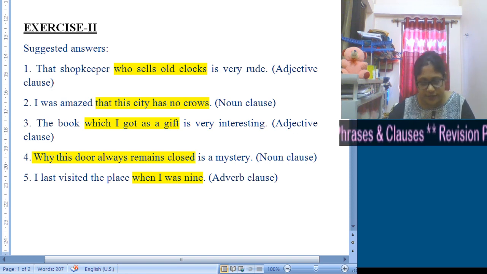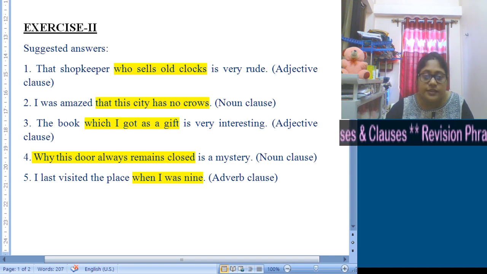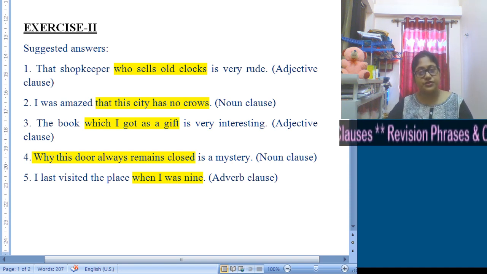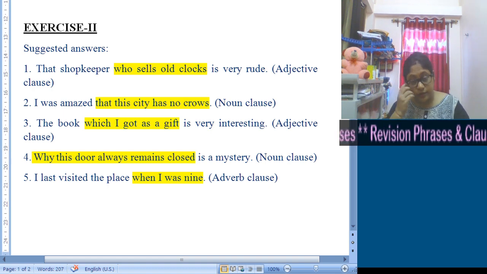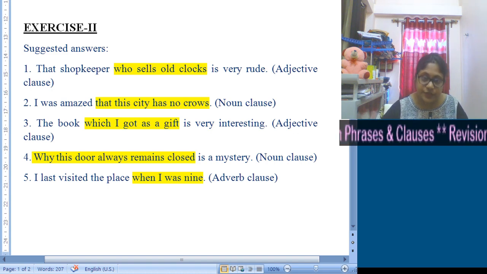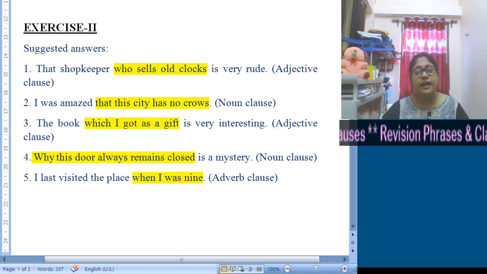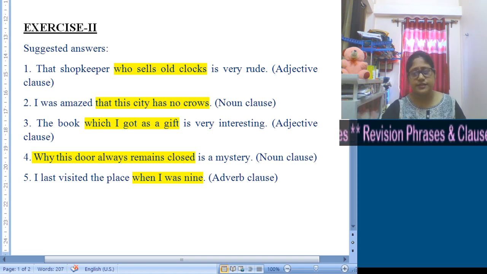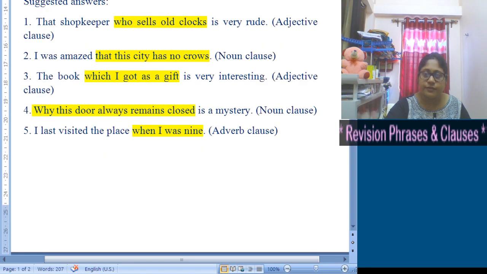So here the suggested answer is, why this door always remains closed is a mystery. It's a noun clause because it serves as the subject of a verb. Number 5, I last visited the place dash, and we were asked to provide an adverb clause. So, I last visited the place when I was 9. Your answer may surely vary.